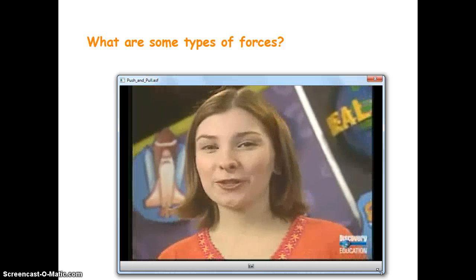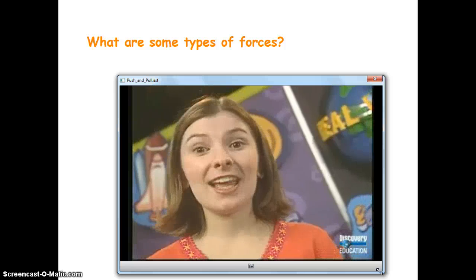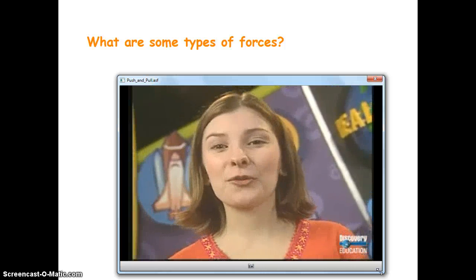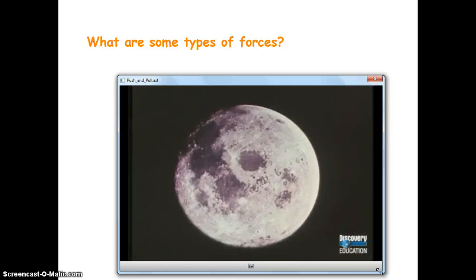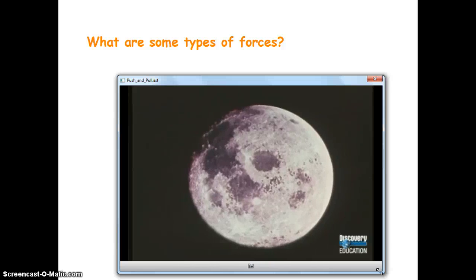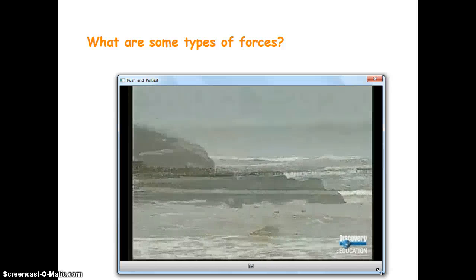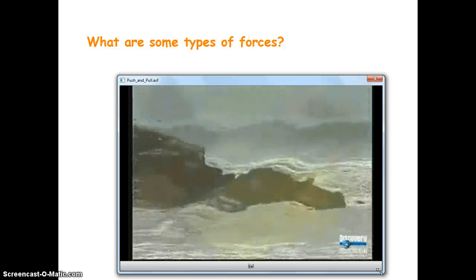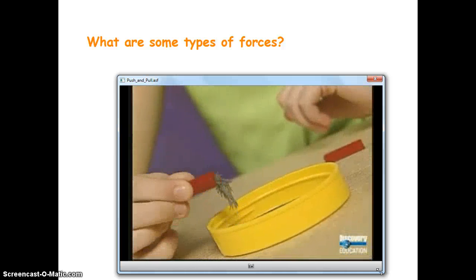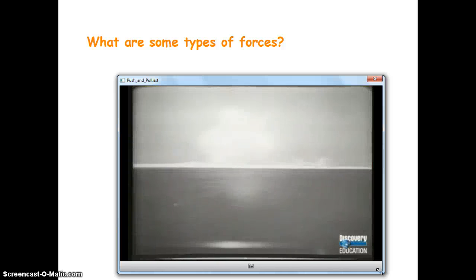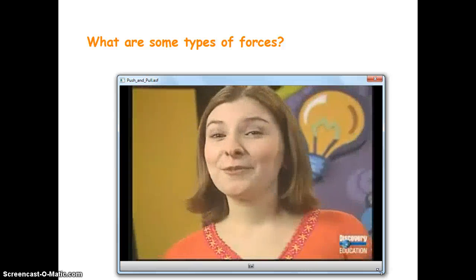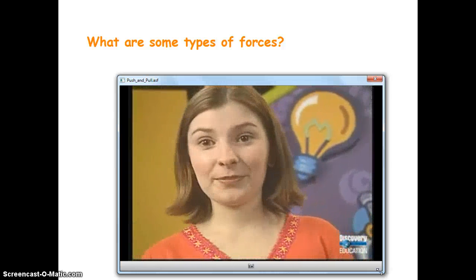These push and pull forces exist throughout the universe and help to shape and change our world. For example, the moon pulls on the oceans, causing low and high tides. A magnet pulls iron particles towards it, and a nuclear explosion pushes objects out with tremendous power. We'll talk more about that later.